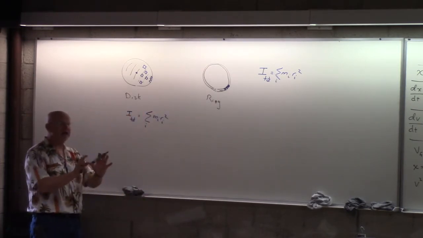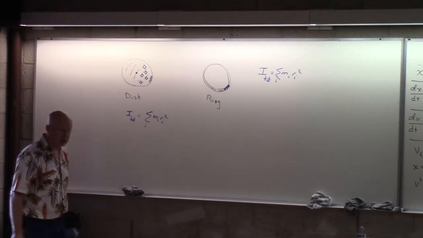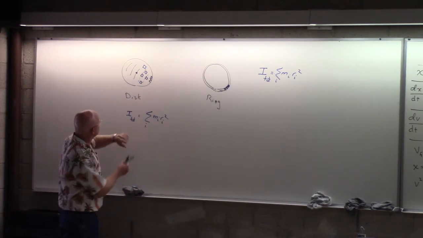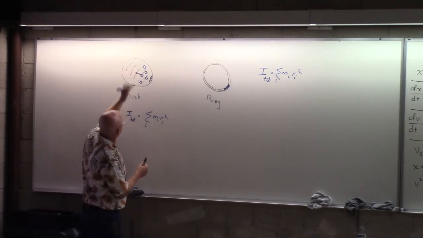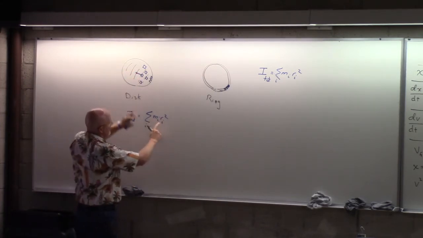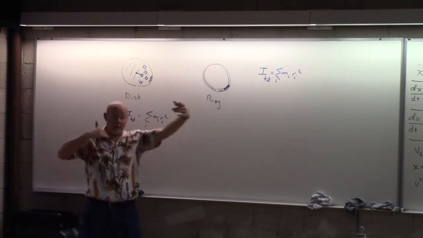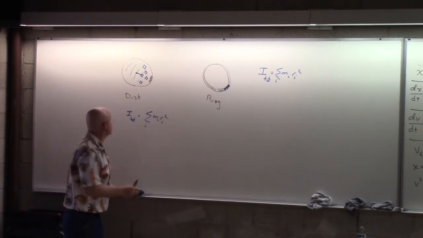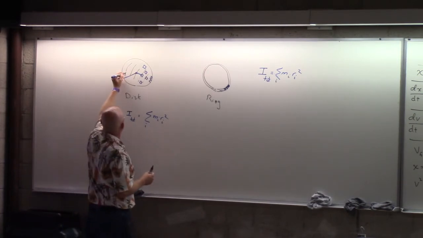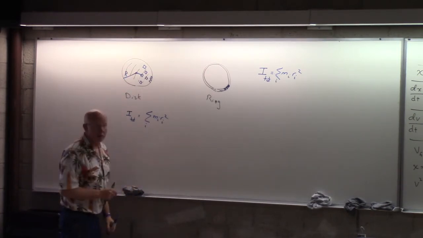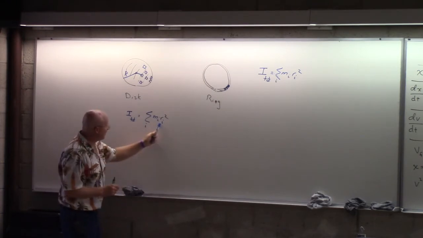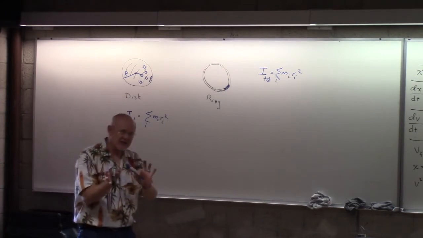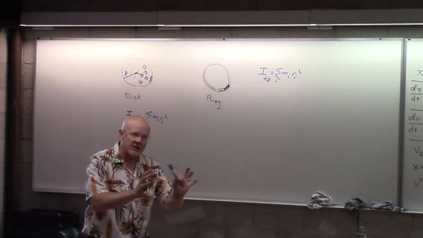Again, without actually doing the calculation, I'm hoping you could see that when you do the disk, some of the mass is not at the radius of the disk. Maybe to make it stand out, let me call this a capital R, and point out that this R represents the radius of where the mass is. It doesn't represent the radius of the disk. It represents where the mass is.